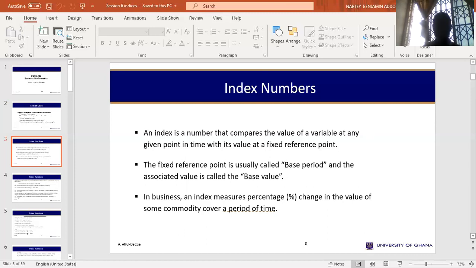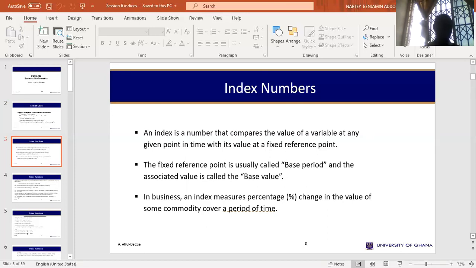So an index number is actually used as a measure of the change in the value. That is, the change in the value could be prices or quantities, as I've already mentioned, of a group of items. So these items are commodities.